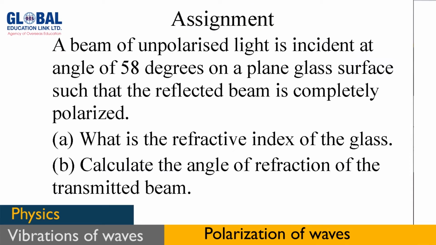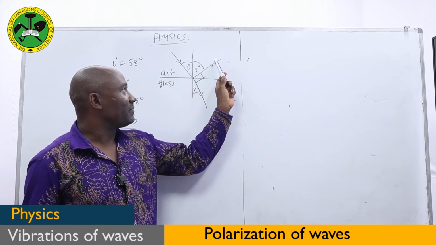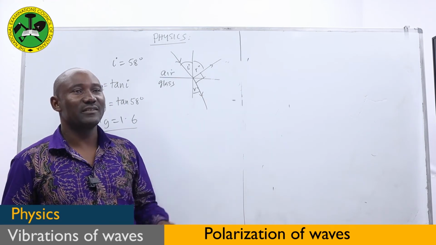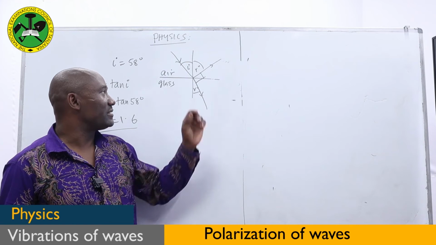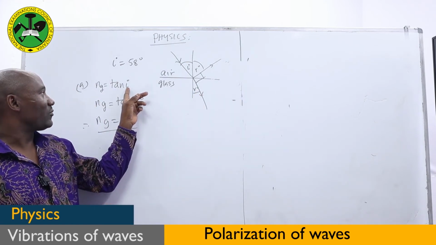Now you can see that we have found the value of the refractive index of glass, since the angle of incidence was given as 58 degrees, and the information is that the reflected beam is completely polarized. We know from the principle of polarization that when the reflected light is completely polarized, the angle between the reflected and the refracted beam should be a right angle, 90 degrees. And from there, you're supposed to apply Brewster's law to the question.